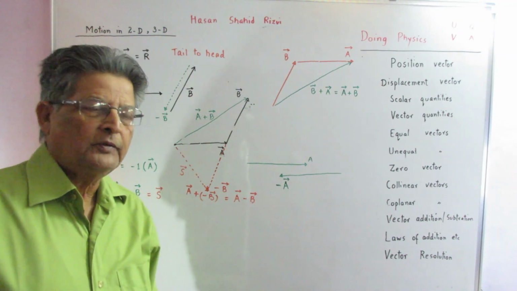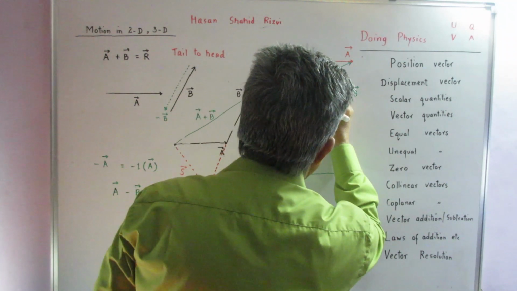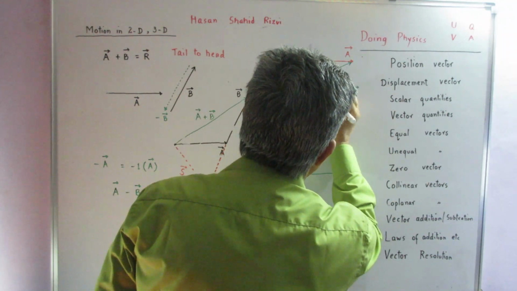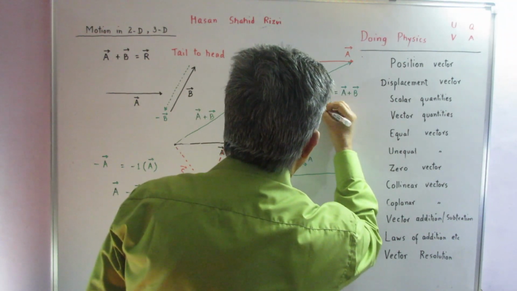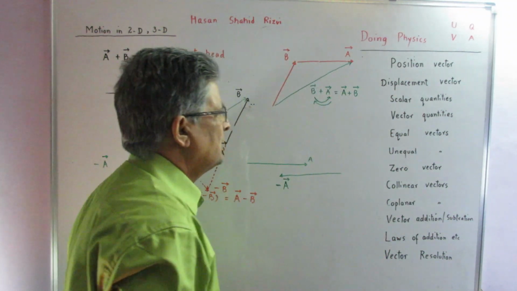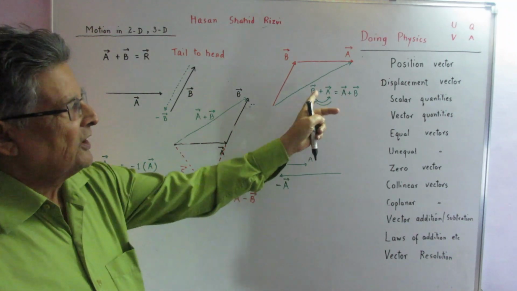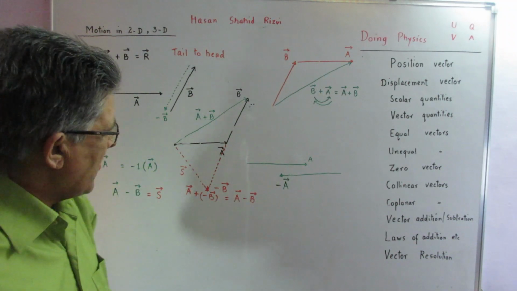What is commutative? It can commute, that B can come to the position A and A can go to the position B, and the result remains unaltered, unchanged. So B plus A is equal to A plus B.